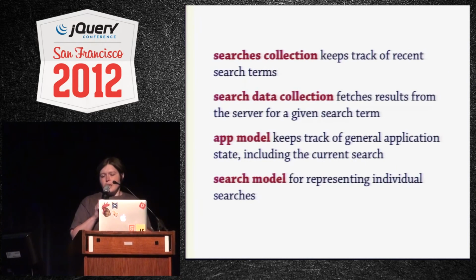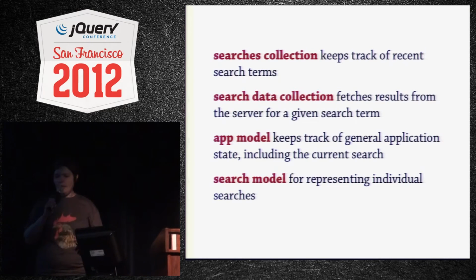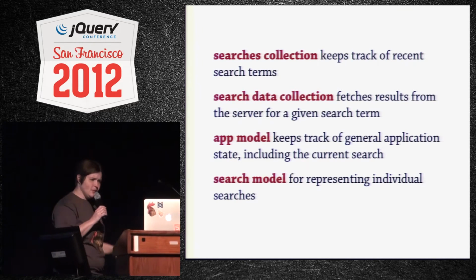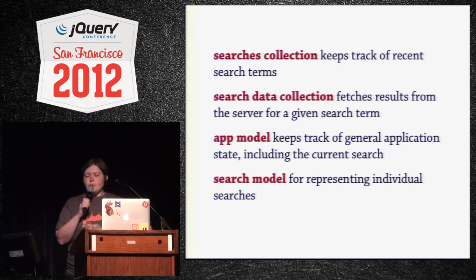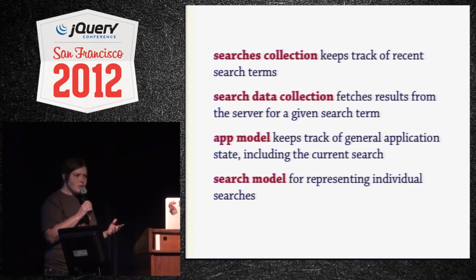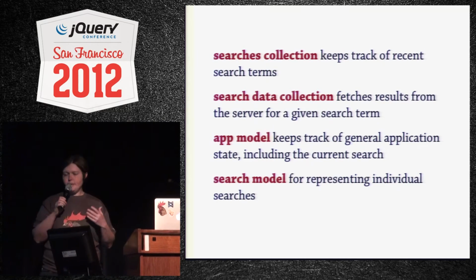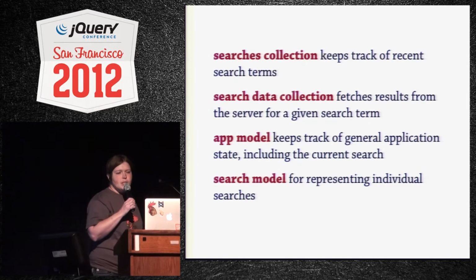So finally, we have this. I listed them in a different order on the first slide because it's easier to explain that way. But finally, we have our actual state management, our data management. For this simple little app, we have 4 different kinds of things that we're managing. Number 1, the searches collection.